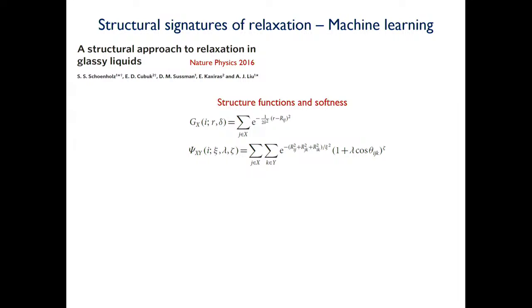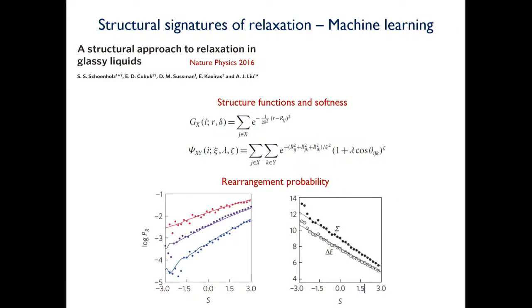And then what Andrea Liu and her co-workers did was that they fed a lot of simulation data to machine learning techniques, and made the technique learn where the deformations or the particle rearrangements occur. Based on that, they calculated something called the softness field.